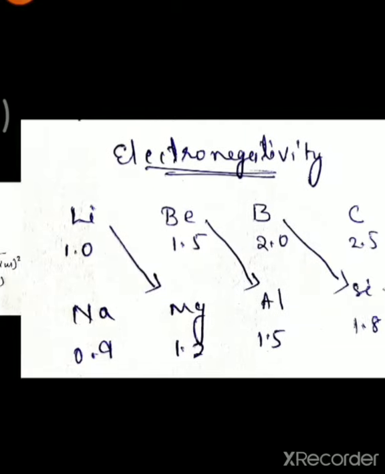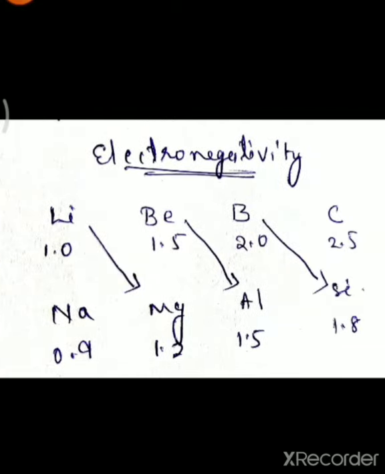Then I told you about electronegativity. On the basis of electronegativity also they are similar. The electronegativity of lithium is 1.0 and magnesium is 1.2, which is nearly similar. Beryllium is 1.5 and aluminum is 1.5, which is accurately similar to each other.